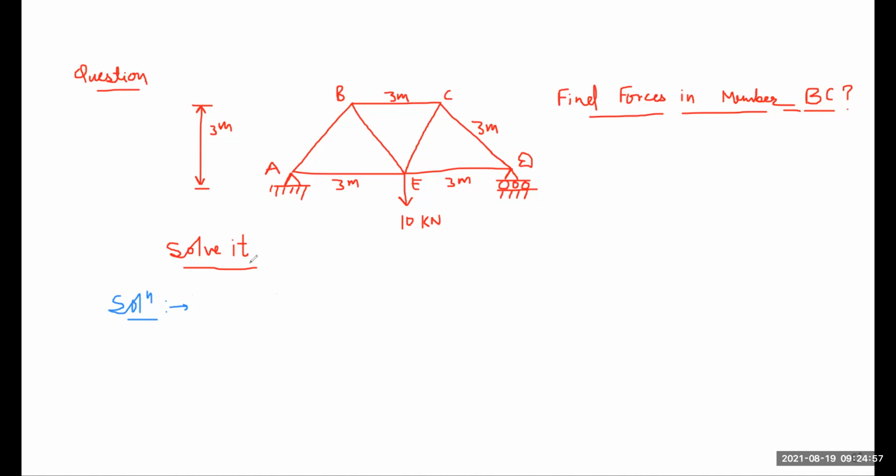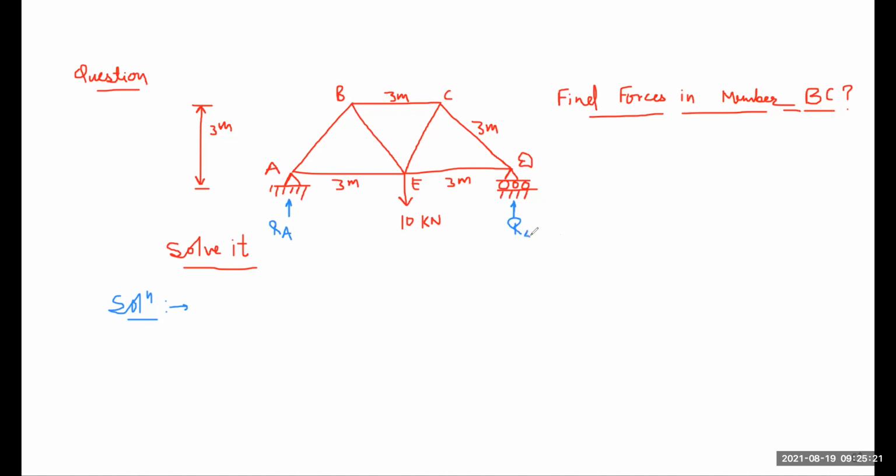Here we just find the reactions. One reaction is acting here, and another reaction is acting here. So this is our reaction RA, and this is our reaction RD.